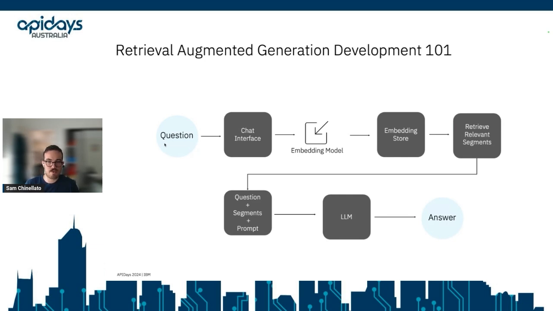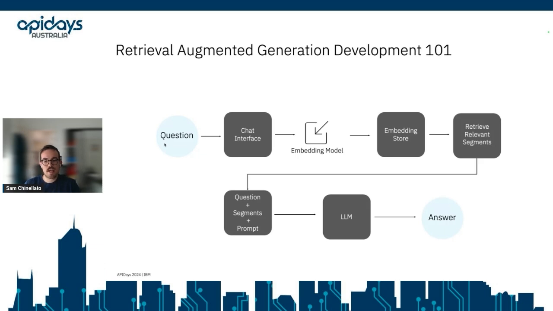That's a common example of one. We then wait for our large language model to generate an answer, and then we return that answer back to our user. So at a very, very high level, this is what developing a RAG application might look like.